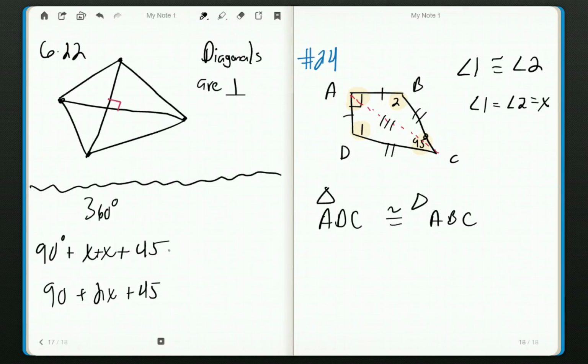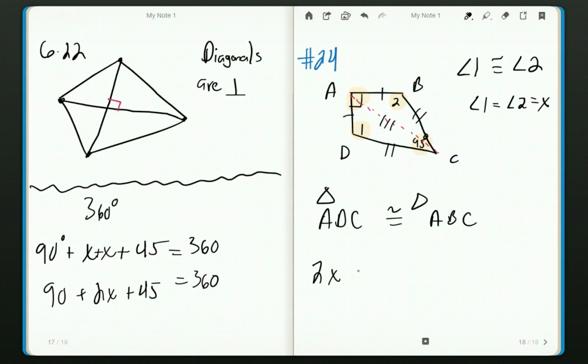If we combine our like terms, remember this is all equal to 360, to get 2x plus 135 equals 360. We can subtract 135 from both sides. How much is that? That's a total of 225.